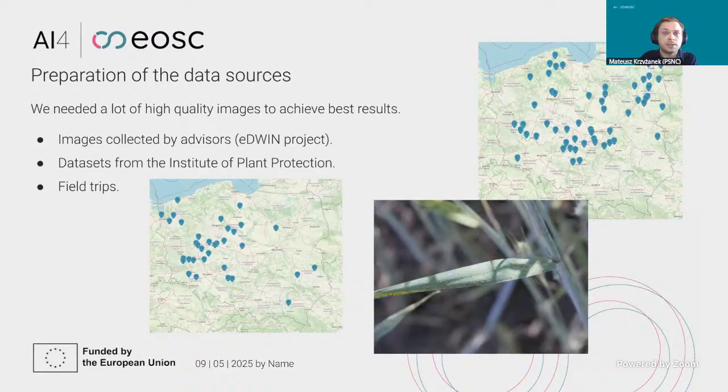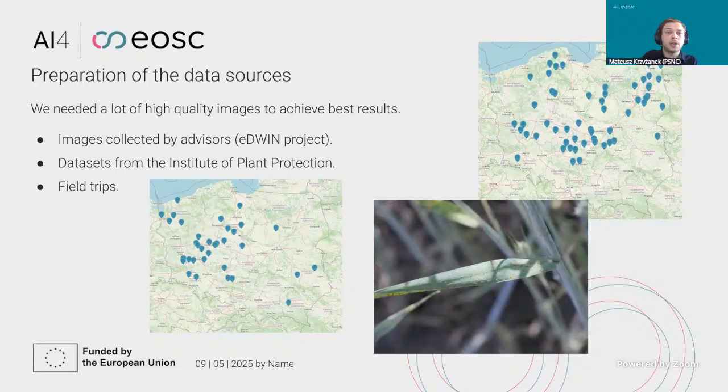This limits the time window for field data collection and requires coordination with agronomists and advisors to be in the right place at the right time, basically. Additionally, some diseases are sporadic or geographically limited, which makes building a well-balanced data set even more difficult.